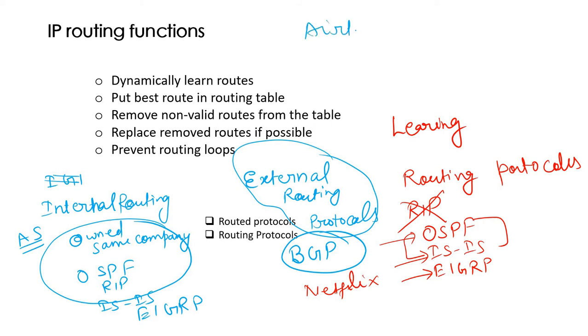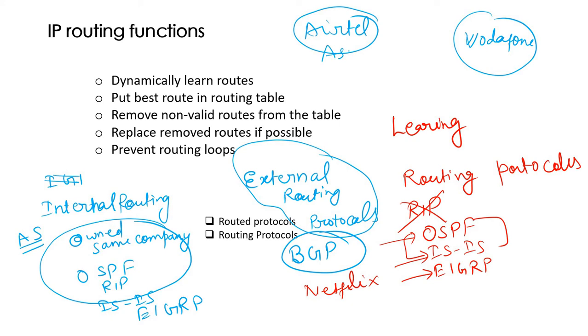Suppose you want communication between Airtel and Vodafone, because they are two different entities, they will be running on different AS numbers. Suppose this is AS 100 and this is AS 200. Communication between these two is possible using only BGP, the Border Gateway Protocol.